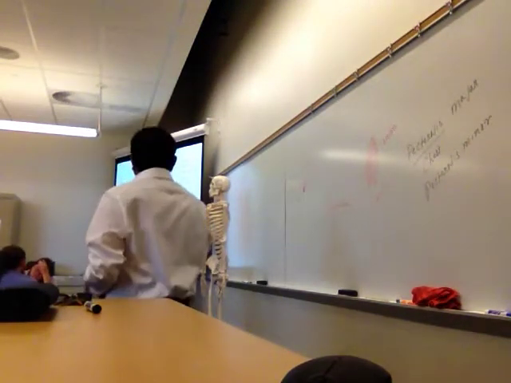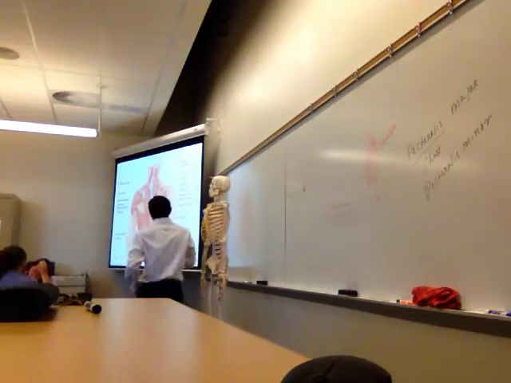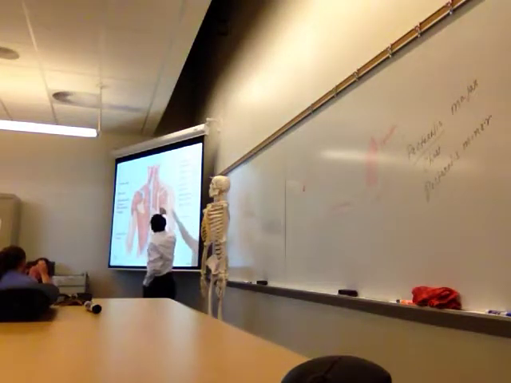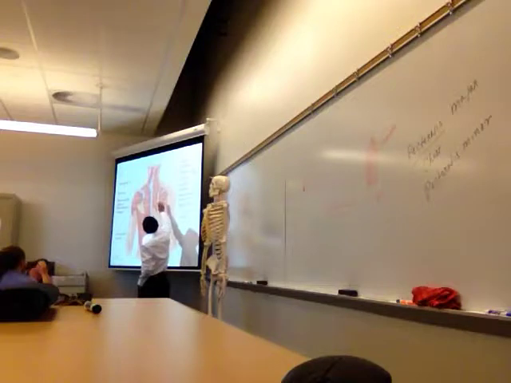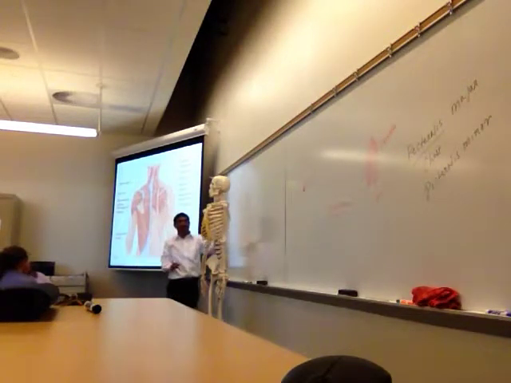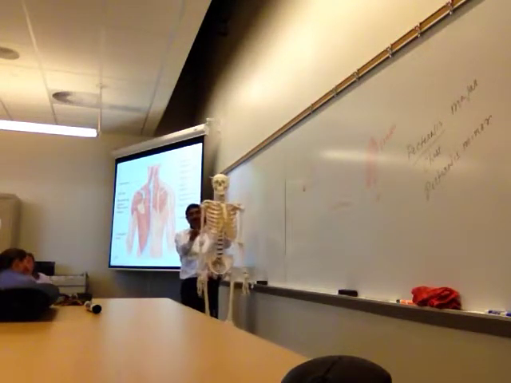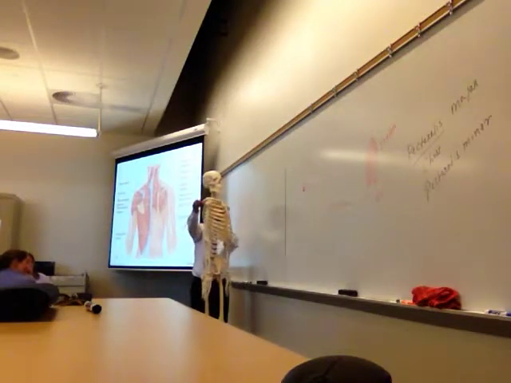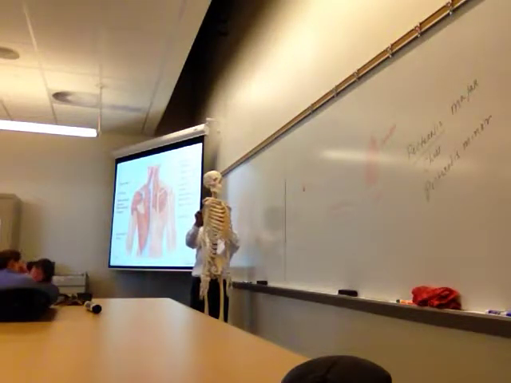Then, in the back of the thorax, we have these two muscles. Very easy for you to remember. This is the spine of the scapula. In the back of the scapula you have the spine. Above the spine is the supraspinous fossa. Below the spine you have the infraspinous fossa.